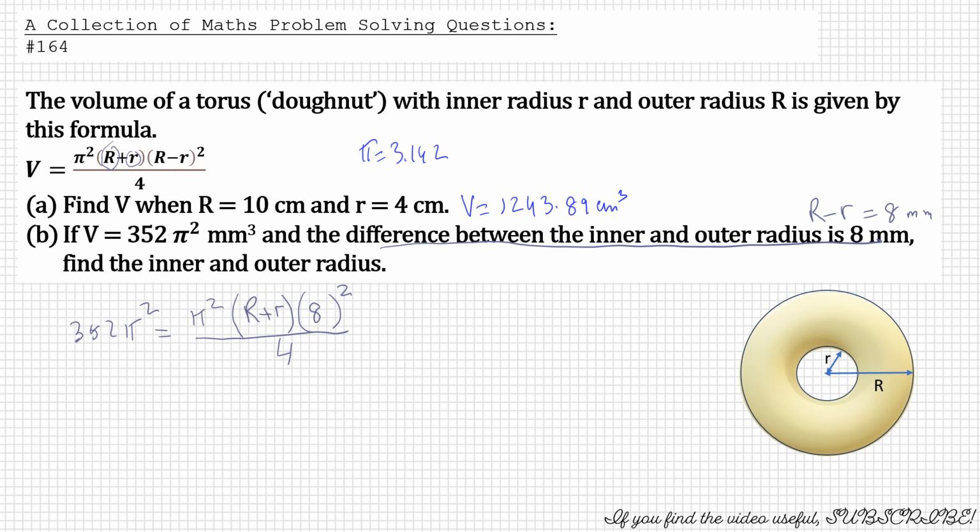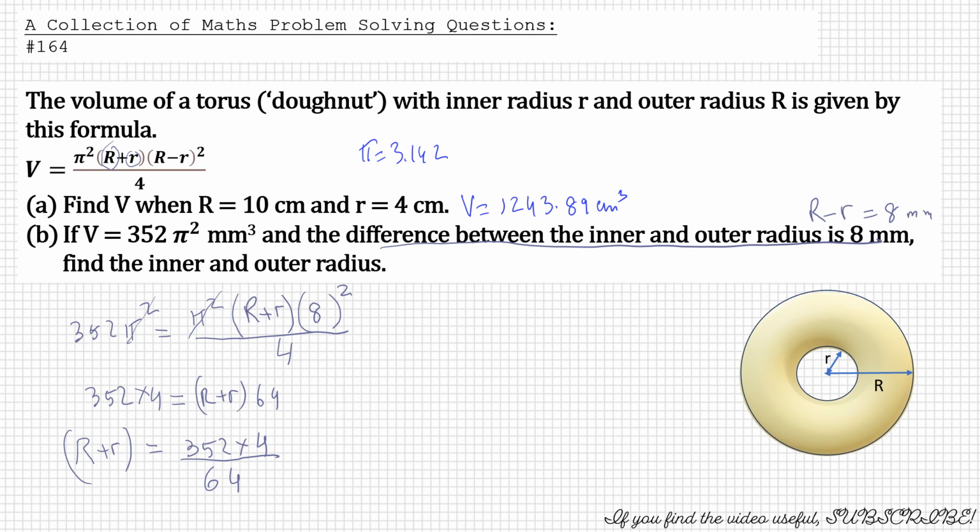So you see the pi squared terms cancel out, so we can say 352 multiplied by 4 equals R plus r times 64, or the sum of the two radii equals 352 times 4 divided by 64.